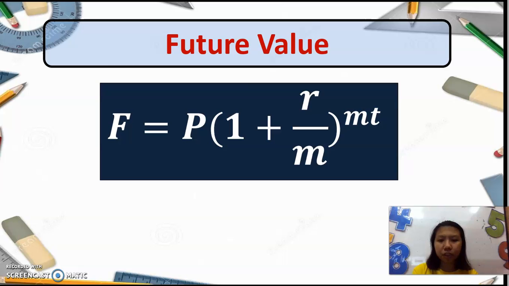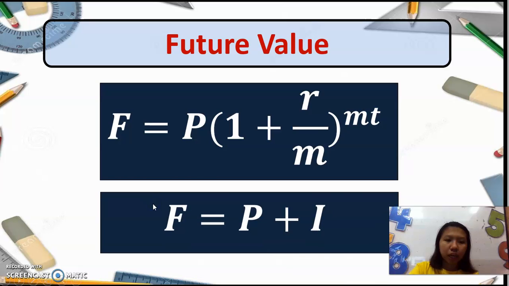But when we say compound interest, we have interest over an interest. So that's why we have the number of compoundings, or words such as compounded annually, compounded monthly, compounded weekly, compounded daily.